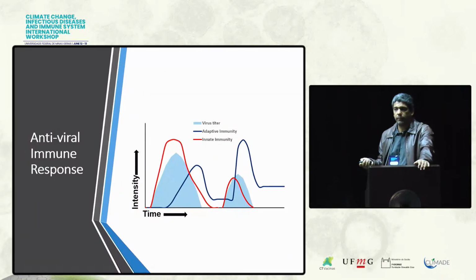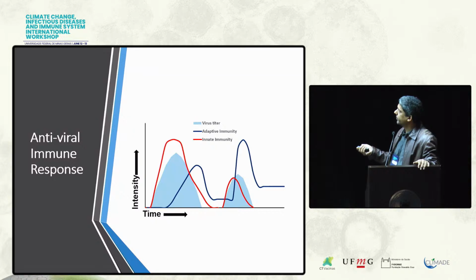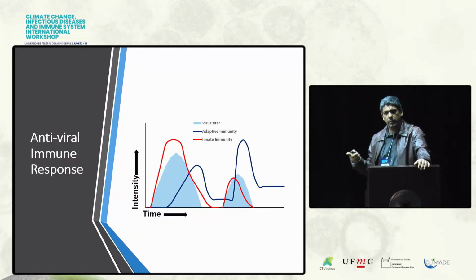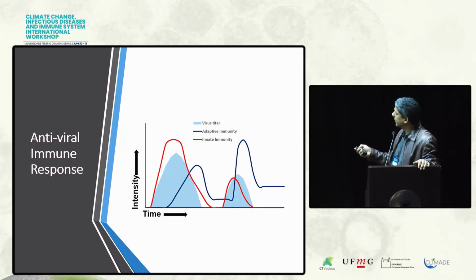To clear viruses, usually when you get infected, the virus starts proliferating, and then the innate immunity is immediately activated, but the innate immunity cannot clear the virus. Usually it decreases the proliferation of the virus, and the virus is really cleared when the adaptive immunity kicks in.